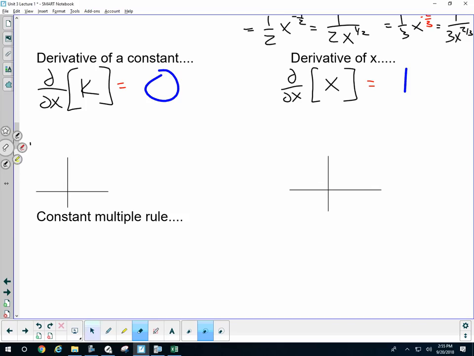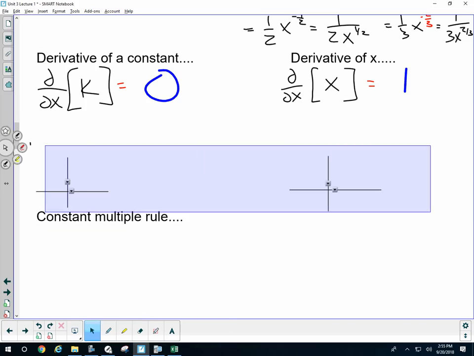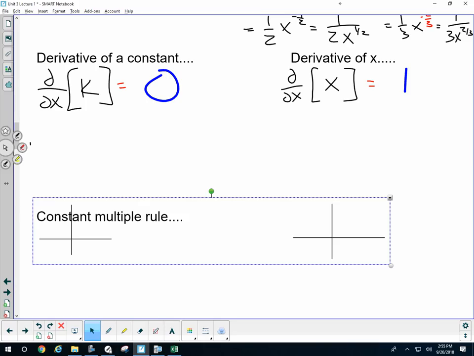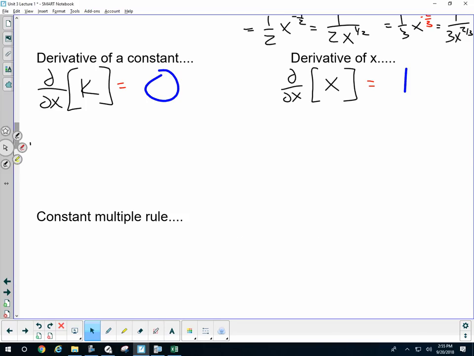But watch how the power rule can help us. If you wrote this as the derivative of kx to the 0, and you took the 0 down, and then you subtracted 1, you'd get k times 0 times x to the negative first.